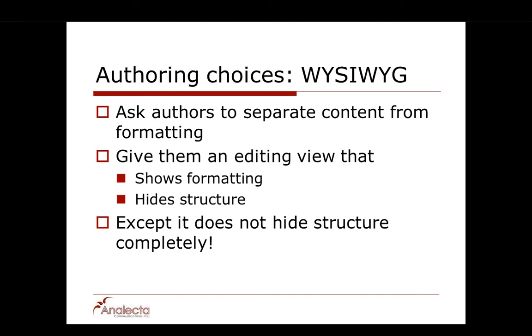We're asking authors to separate content from formatting, and we give them an editing view that shows formatting and hides structure. So there's really a mismatch between what we're asking for and what we're providing, with the further problem that the WYSIWYG view actually doesn't hide structure completely.